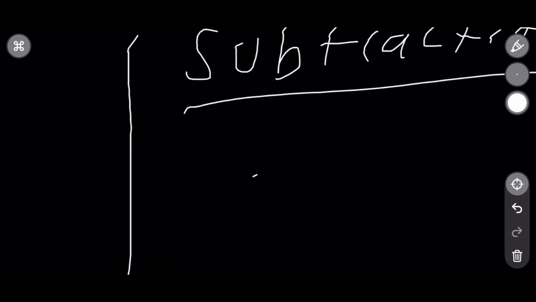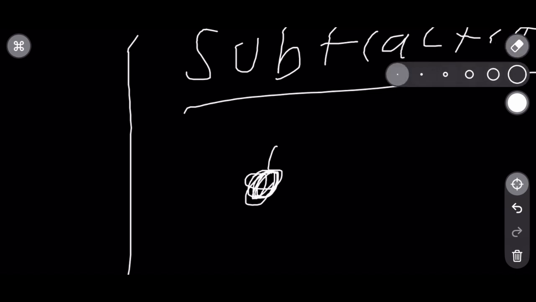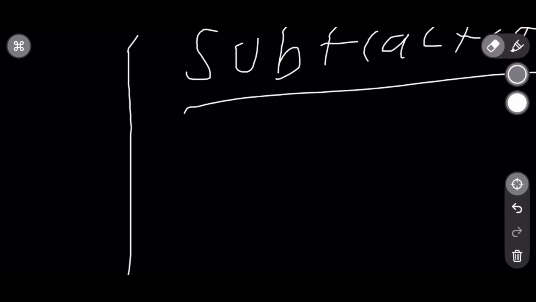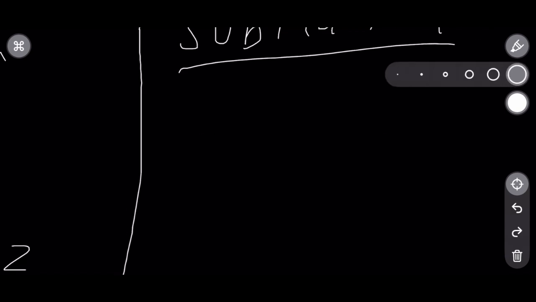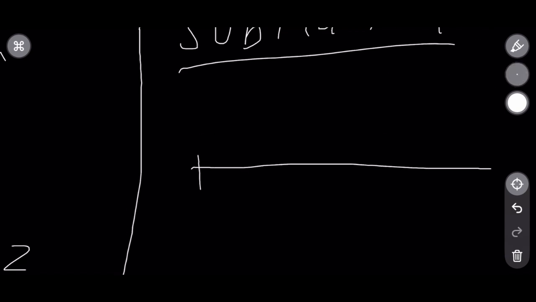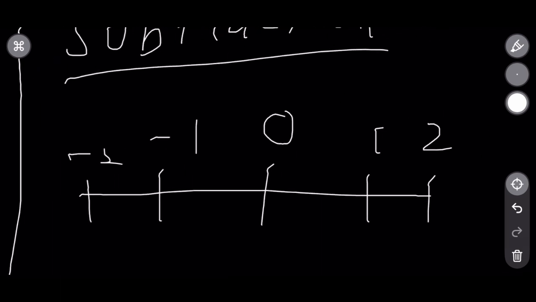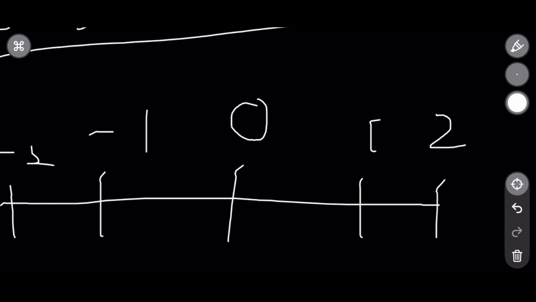Yeah. So let's go back. Let me draw another number line. Okay, so John has 1 apple, right?